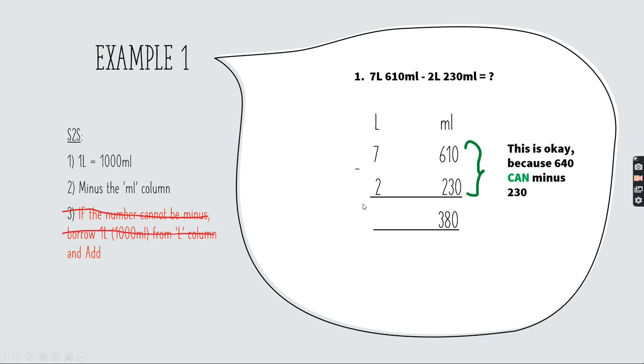So scratch that and we're going to scratch off step number 4. And we're going to minus as usual on the liters column. So 7 minus 2, that gives us 5. And the answer is 5 liters 380 milliliters.